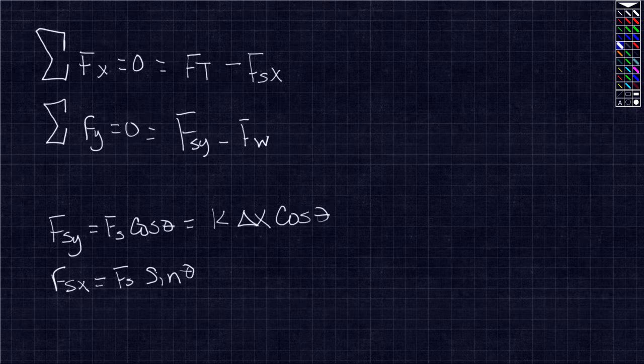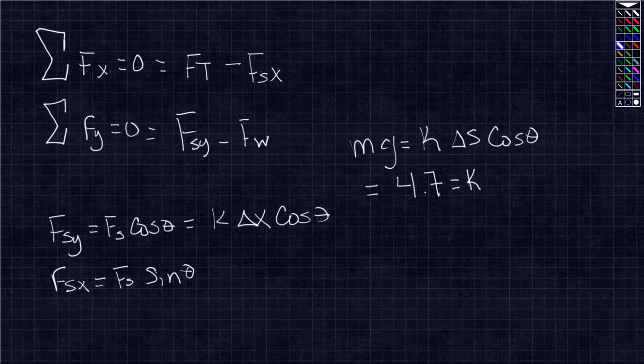From this we can take and make, for Fs of y, we can do mass times gravity equals k, which is what we're looking for, delta s, the change in the stretch, times cosine theta, which is going to equal 4.7, that'd be the mass times the gravity, equal to k, what we're looking for, times 4, times cosine 28 degrees, for the angle that was given.